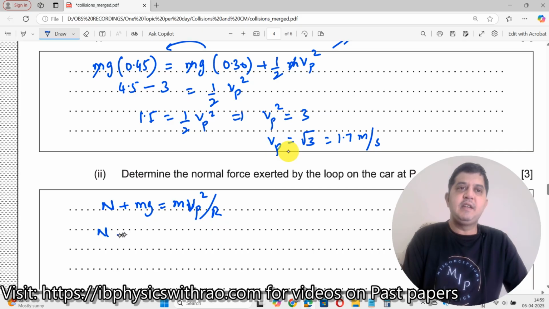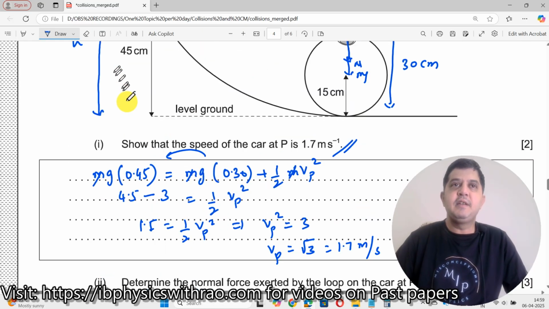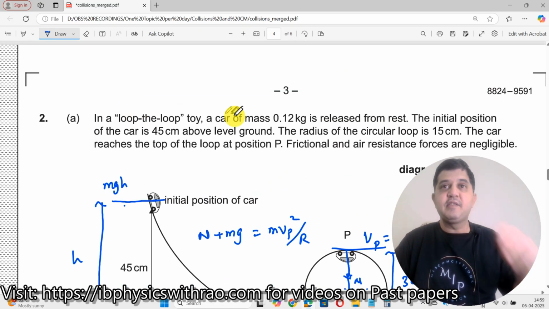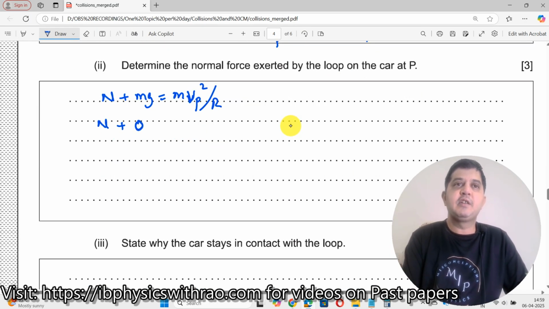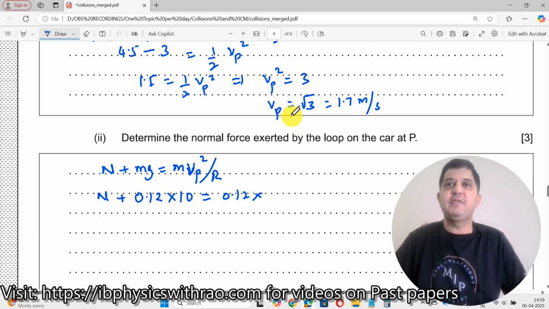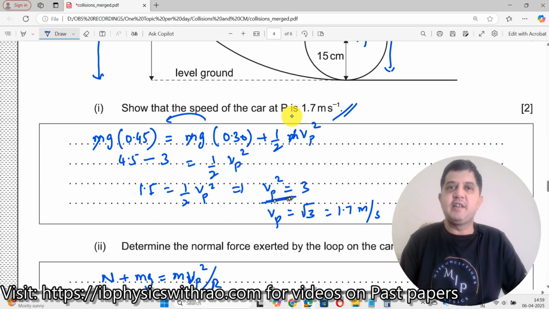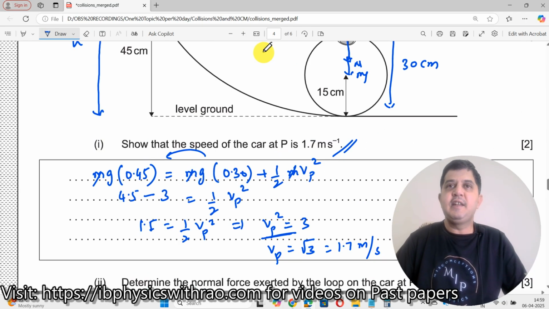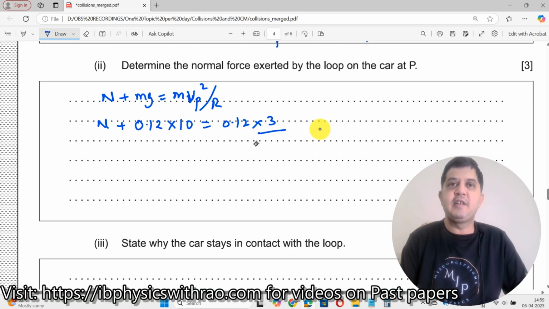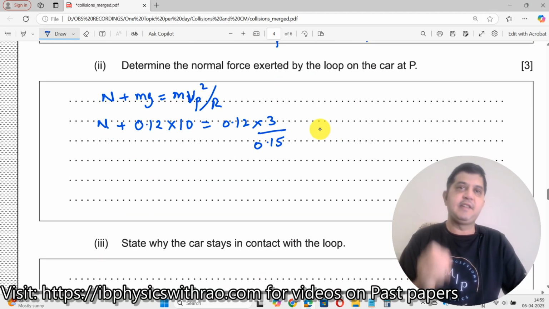So N plus mg is equal to m vp square divided by r. What is the value of m? It is already given, 0.12 kg. So 0.12 multiplied by 10 is equal to 0.12 multiplied by vp square. Vp square we just calculated as 3, so I substitute 3 here, divided by the radius. The radius is 15 centimeter, which is 0.15 meter. I always convert everything into SI.